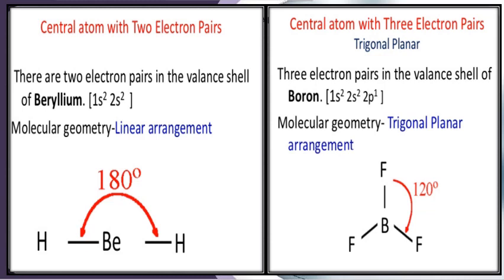You can see here the 2 hydrogen atoms placed at maximum distance apart from each other due to repulsion. The only repulsion present in this molecule is bond pair repulsion, as beryllium is using both of its electrons present in the outermost shell to make bonds with the 2 hydrogen atoms.